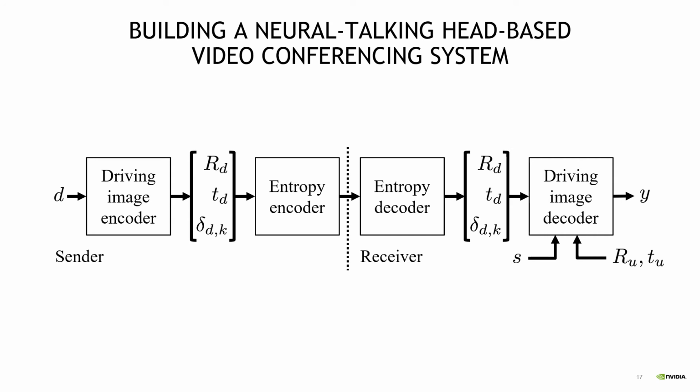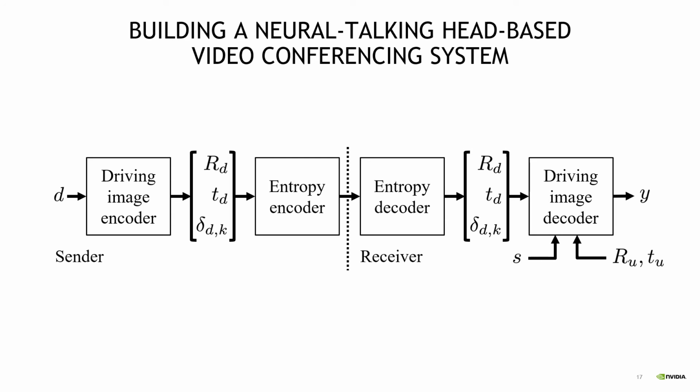Each one is 3-dimensional, so there are 60 numbers here. Rotation has 3 angles, translation has 3 quantities, and there are 3 scalars. So in total 66 numbers, and these 66 numbers can be further compressed using an entropy encoder. We use an arithmetic encoder in our paper, but Huffman coding is equally applicable.